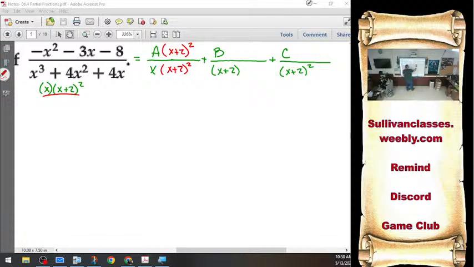All right. One more x plus 2 and an x. Why don't I want to say x plus 2 squared? Because there's a squared over there. So then it'd be x plus 2 cubed. Okay, you would have too much x on denominator.